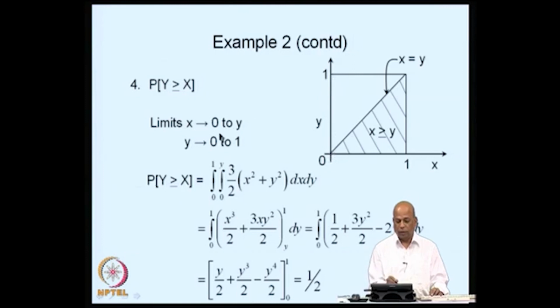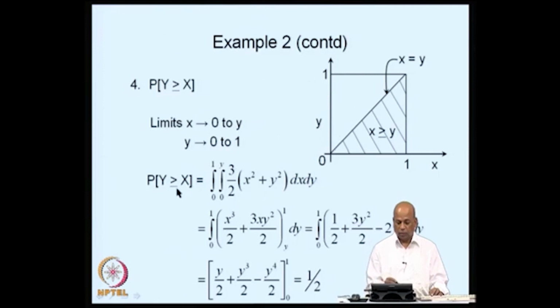So, we fix the limits as x varying from 0 to y and y varying from 0 to 1, and we obtain the probability of y being greater than or equal to x by integrating the joint PDF f(x, y), which is defined over this region, over the specified region.